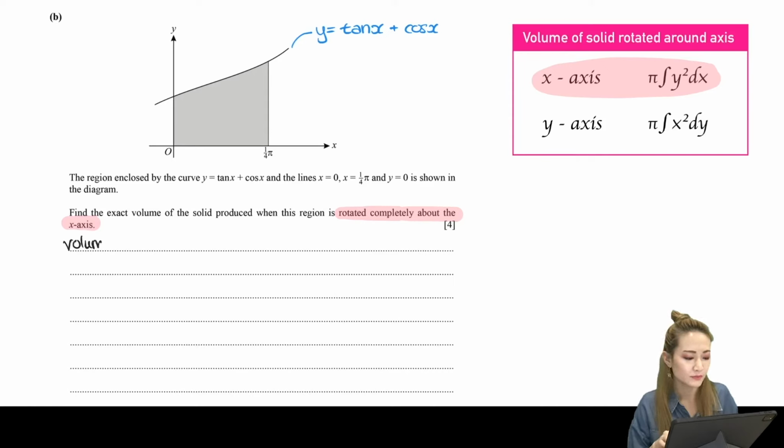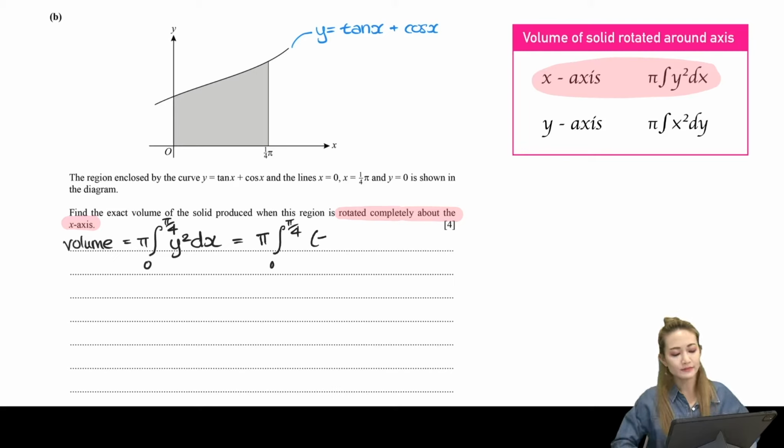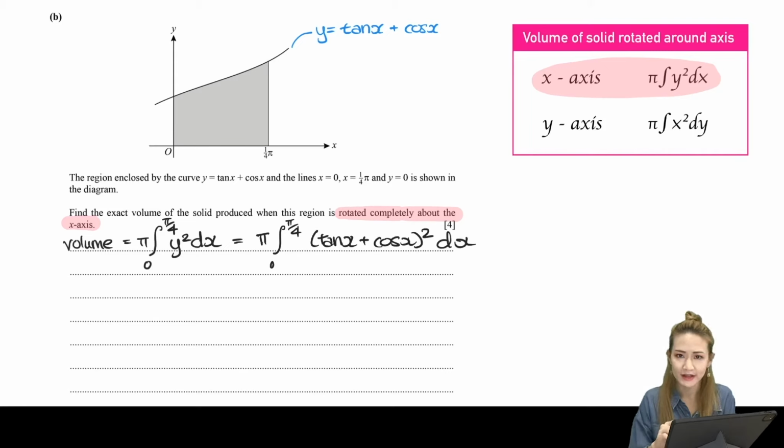So the volume would be pi multiplied by the integration from 0 to pi over 4 of y squared dx, and y in this case is tan x plus cos x. So we're going to integrate (tan x plus cos x) squared, which sounds familiar to part A.